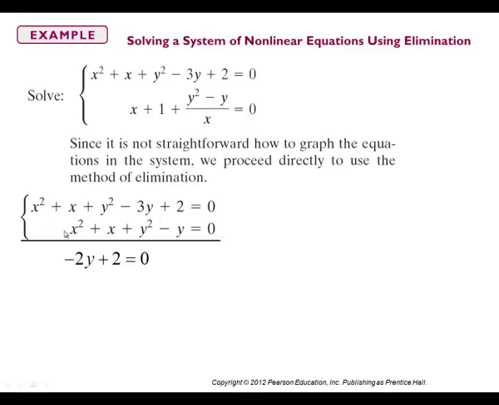So we multiply negative 1 here, negative 1 here, negative 1 times the 0. And when we do that, this becomes a negative 1x squared, and positive 1x squared. The x squares cancel. And then multiplying negative 1 here makes that a negative x, and that makes this a positive x. So the x's cancel.